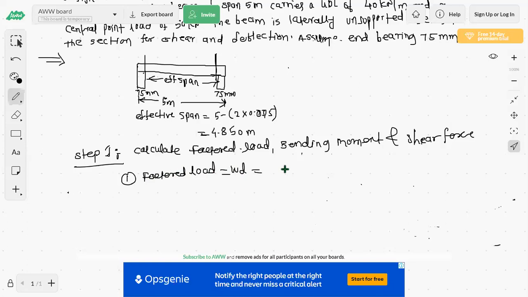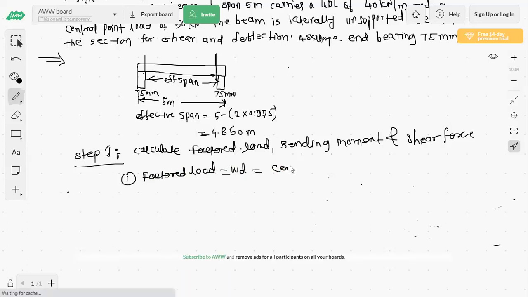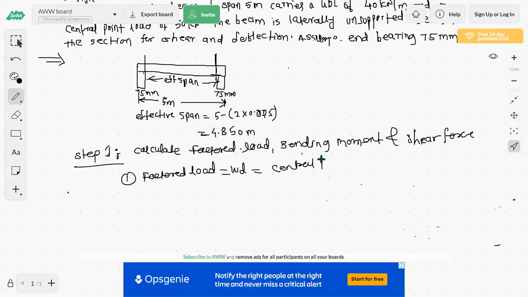See, here two types of load are there. Central point load is there. So first the central point load: 1.5 into 50, so 75 kilonewton is the factored load for the central point load.